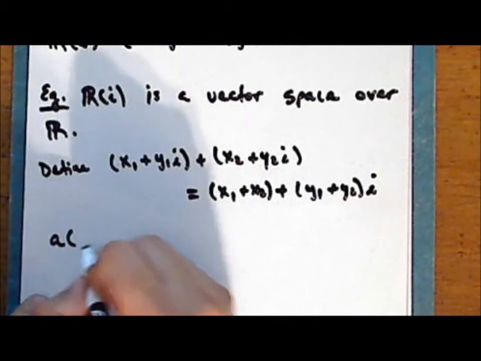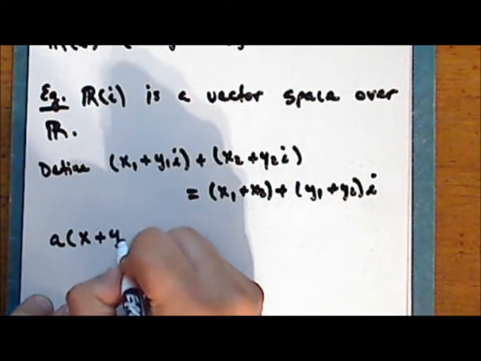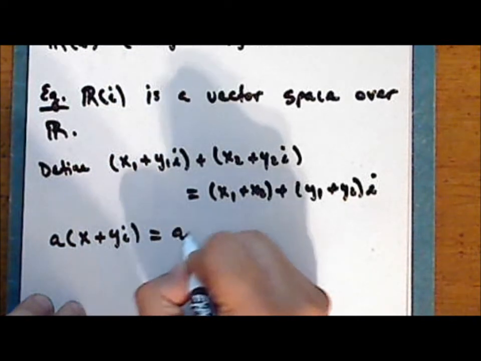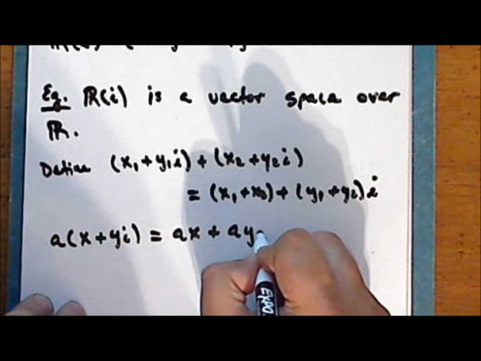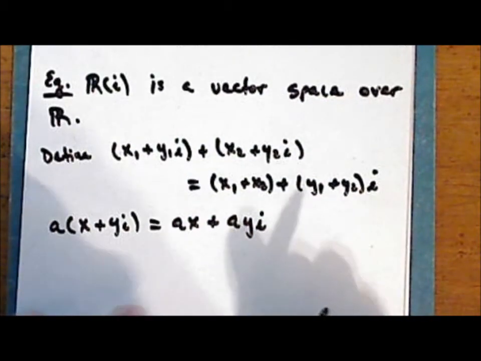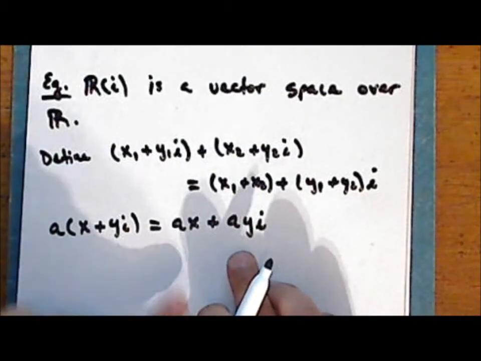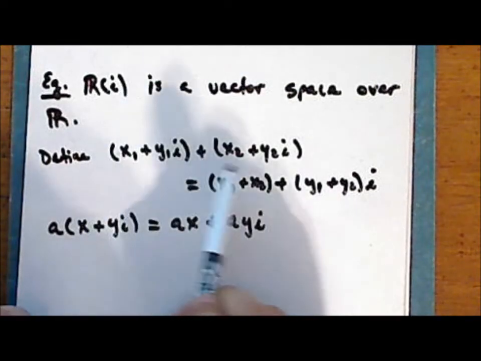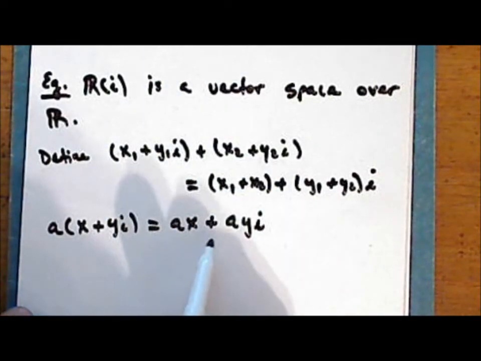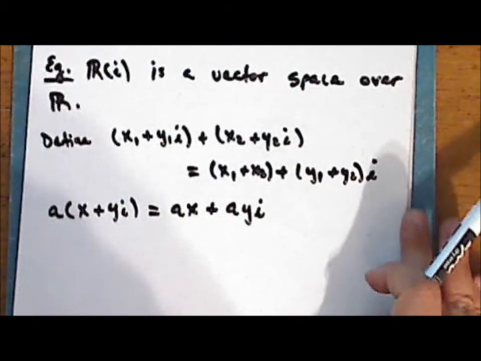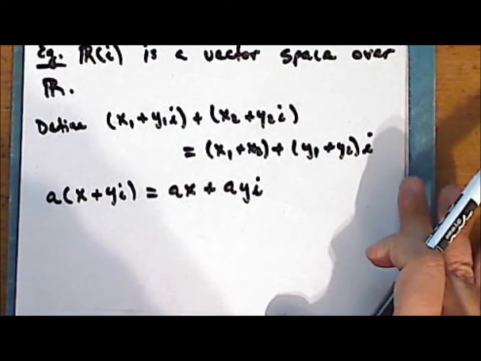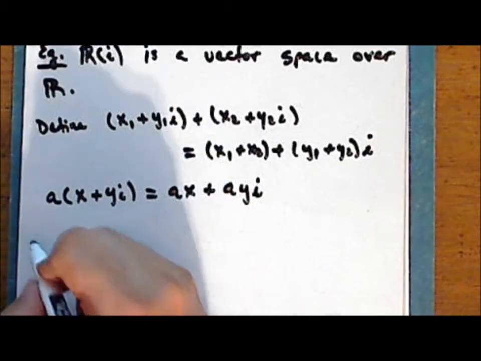And a scalar multiple of such a number multiplies each component in the vector. So we have a notion of vector addition and scalar multiplication for this set. So we will now proceed to show that it is a vector space over the set of reals.